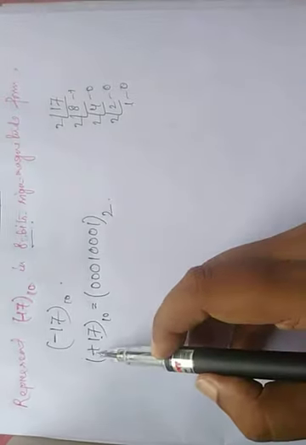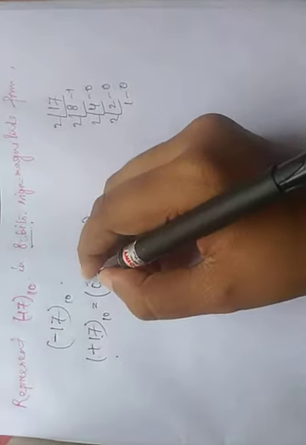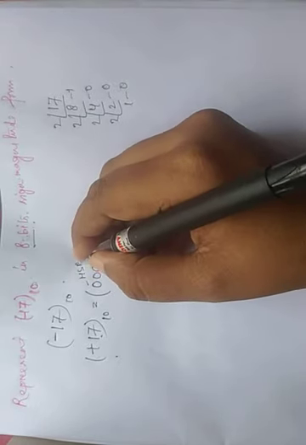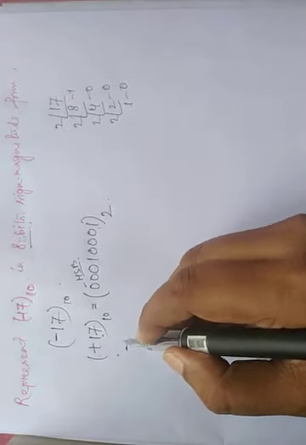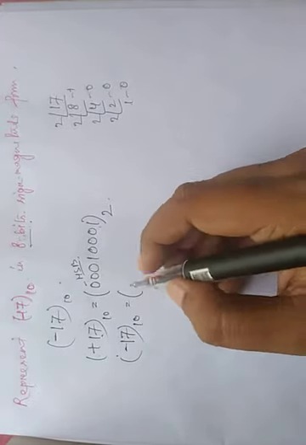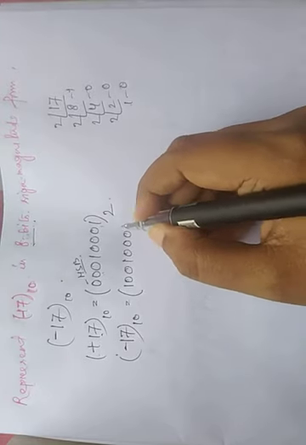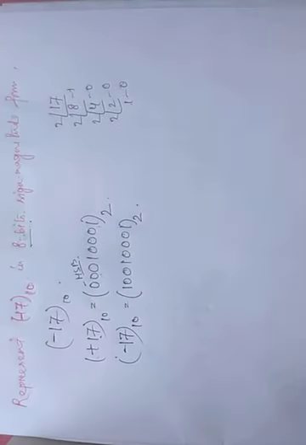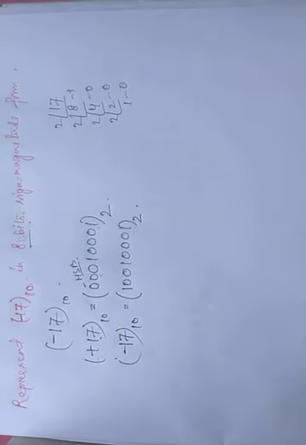Clear? So plus 17 is this for 8-bit representation. This is MSB. You don't need to write here, only for your understanding I am writing here. So minus 17 becomes, MSB should be changed to 1, others remain as they are. Clear? So this is how sign bit representation works. So why is it called sign bit? Because only 1 bit is changed for sign bit representation.